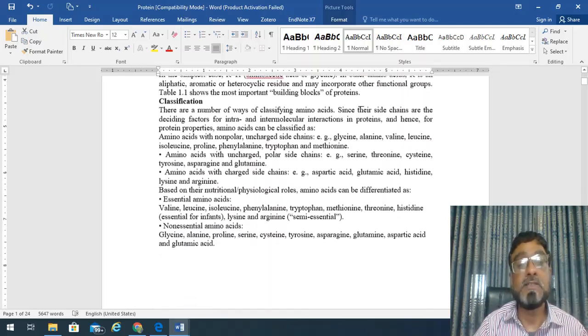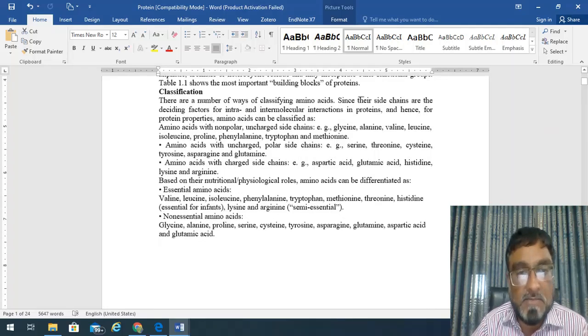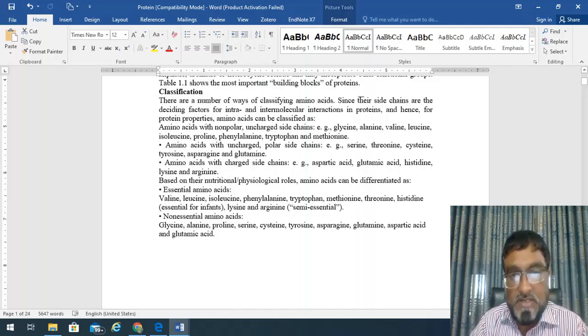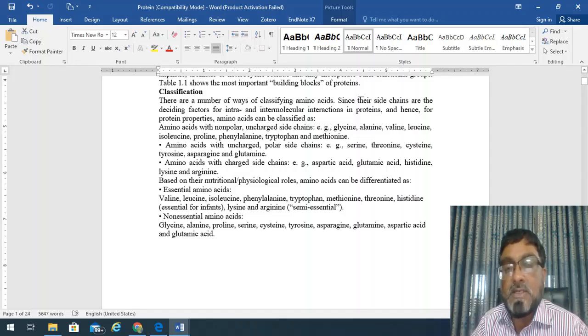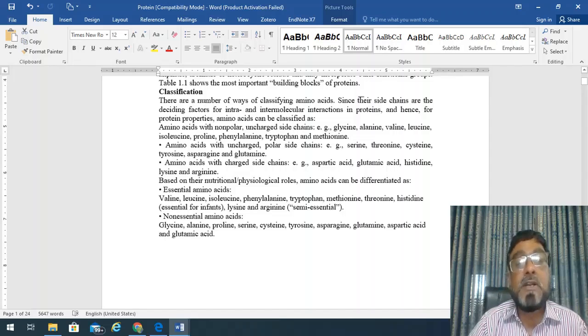We can classify these amino acids in different ways. Some of the amino acids can be classified into essential and non-essential amino acids, and this is an important classification, especially for the nutrition people.